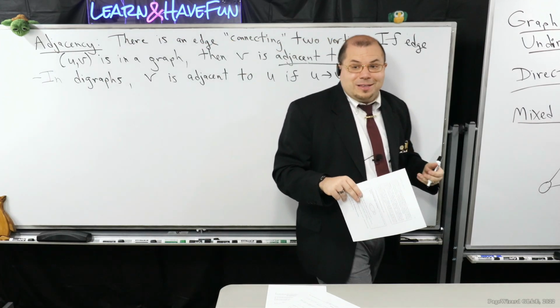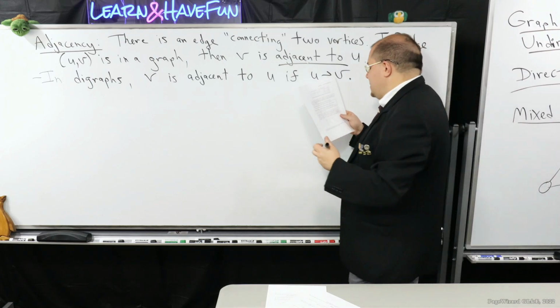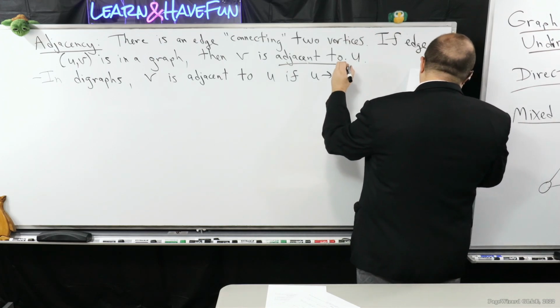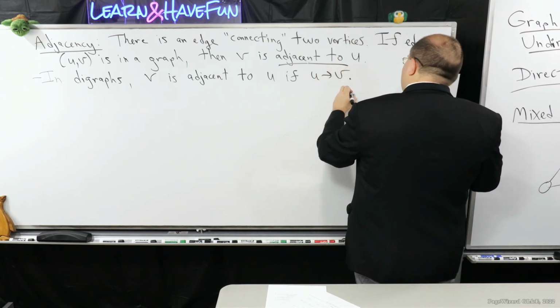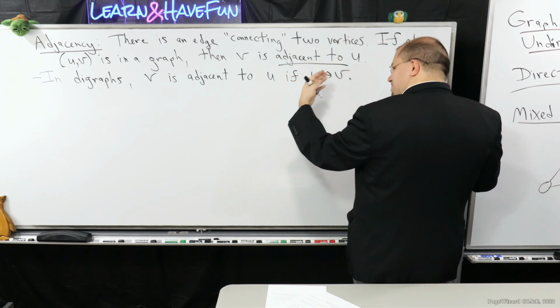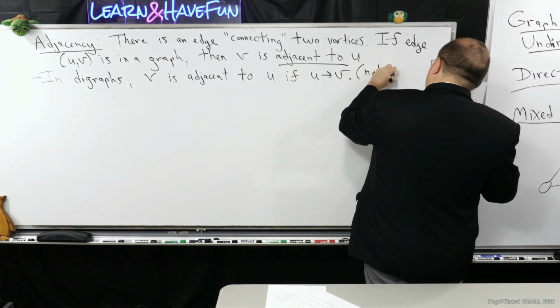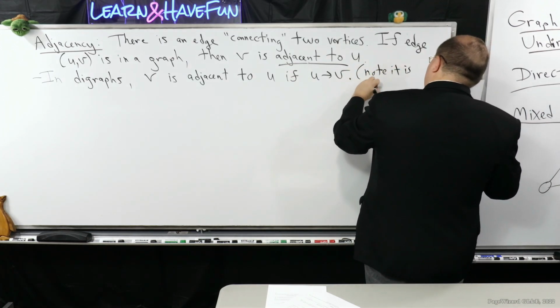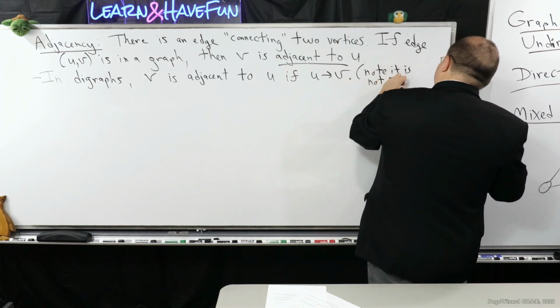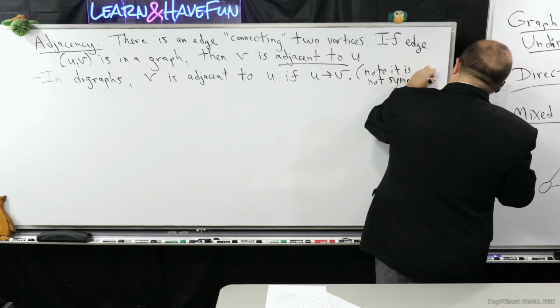For a directed graph, it really matters. I must stress that this relationship only goes one direction. So I'll say, note it is not symmetric. That's a lovely little detail.